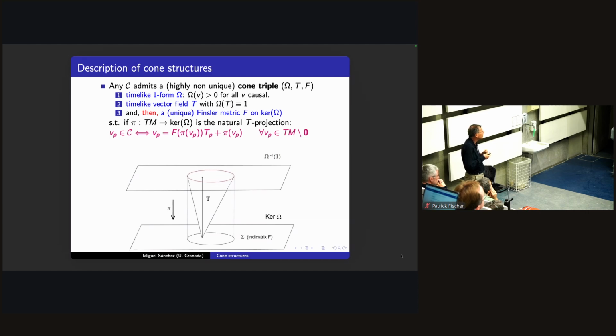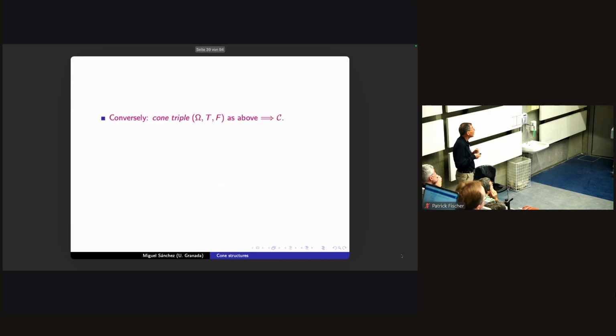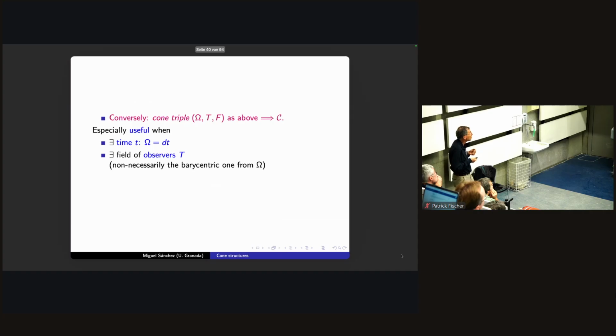Take a time-like vector T, on which the one-form is equal to 1, and then taking the intersection of the cone with the hyperplane omega equal to 1 and moving in the direction of T, we can obtain a strongly convex hypersurface in the kernel of the one-form. Then in this way, we have a Finslerian metric in a natural way associated to the cone. Conversely, any cone triple will give you a cone.